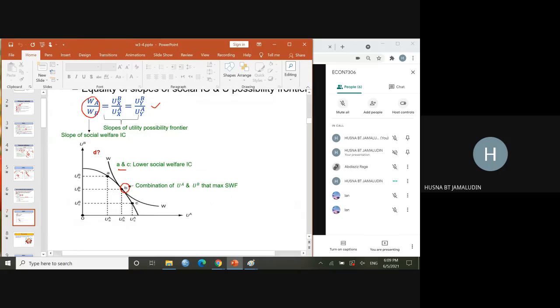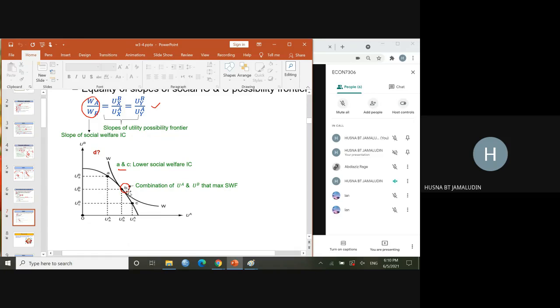We are talking about utility of person B. This is U, representing utility of person B, and this is utility of person A. The PPC or PPF, production possibility curve or frontier, is tangent with your indifference curve. So we can say that point B is the efficient point, the maximum efficient allocation of resources.